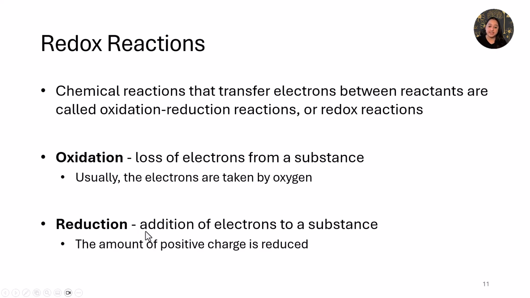Reduction, on the other hand, is when the other thing gains electrons. So it's the addition of electrons to a substance. And this is called reduction because the amount of positive charge is reduced. So this goes from being maybe a neutral thing, or maybe it had a positive charge, and then now, because it has more electrons, the positive charge is reduced. So maybe it was this molecule NAD+. Now that it has some more electrons, now it's NADH.